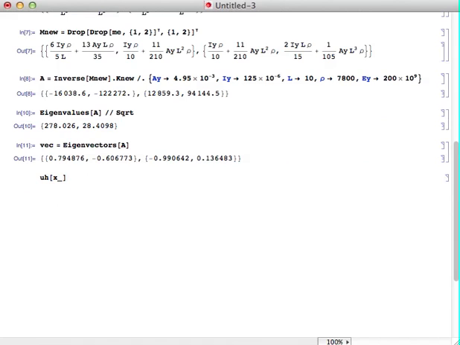You remember, we assume a solution u of x is equal to Uj Nj, the position of the nodes. Well, we can use the eigenvectors as representative of the deformation. In particular, in Mathematica, these are unit vectors of the degrees of freedom that correspond to the modes of deformation, the first two anyway.